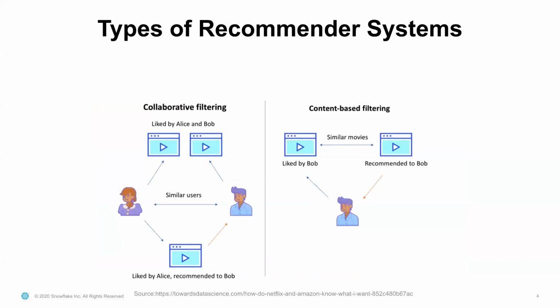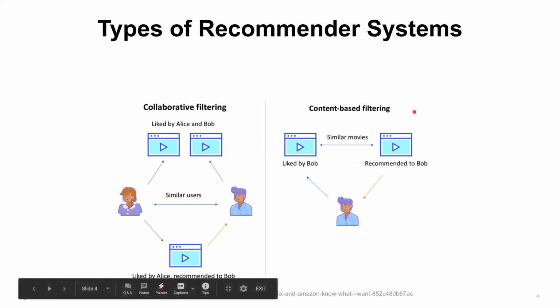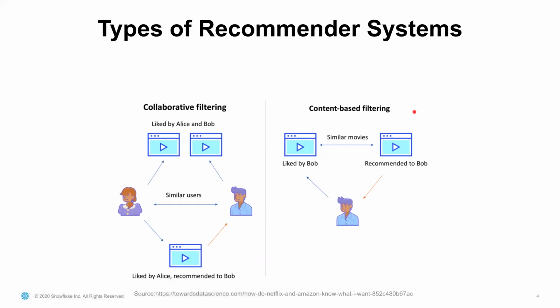Going into a little bit more depth, first and foremost, there are a couple of types of recommendation systems out there, right? On the right-hand side, you see content-based filtering. In this example, the data set that I'll be using is an open data set around movie recommendations. Let's pretend we're a streaming service. How do we recommend movies to our customers?